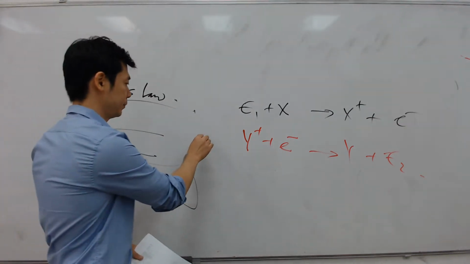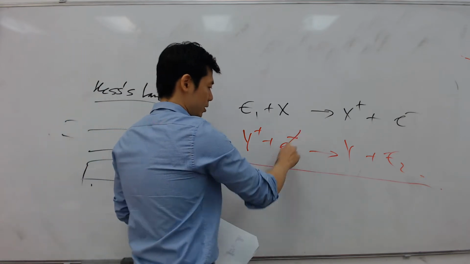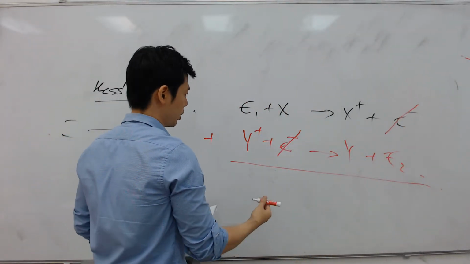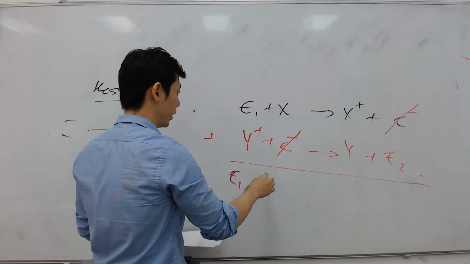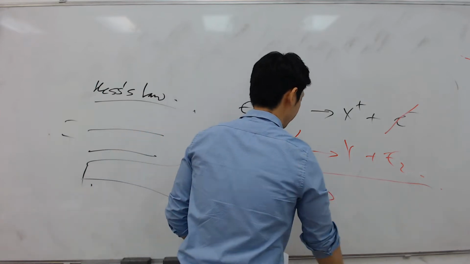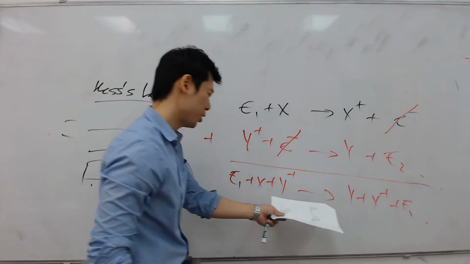So they're adding these two processes, just like Hess's law. What will happen is these will cancel out, so the equation becomes E1 plus X plus Y turning into Y plus X plus E2. You see that?